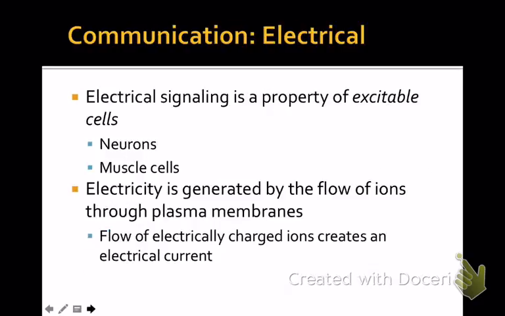All right. There's another kind of communication besides releasing a chemical and having it bind to a receptor. Our second kind of communication is that we can have electrical signals. And we create electricity in the body by moving ions around, positive or negative ions. As they move, they create electrical current.